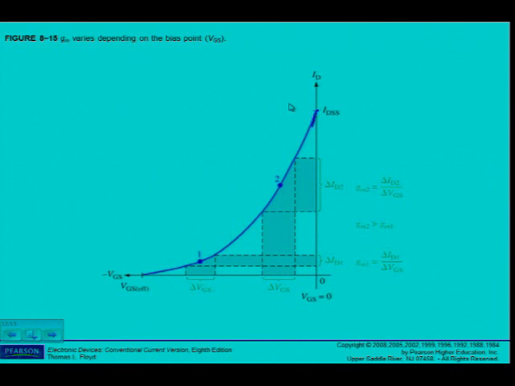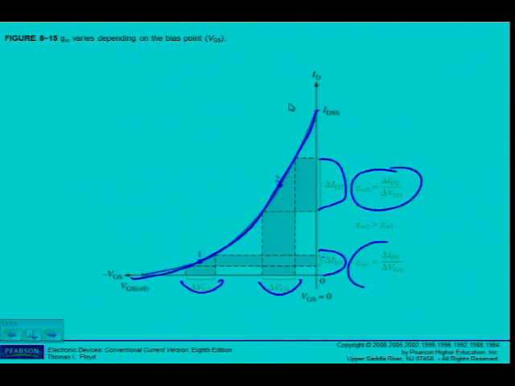And because of the shape of this curve, I can see here that the change in ID is much larger than the change in ID at the bottom of the curve. And over here, I can see there's also a change in VGS, depending on where. So I can see already that the value here will be larger than the value here, because of the shape of the curve.